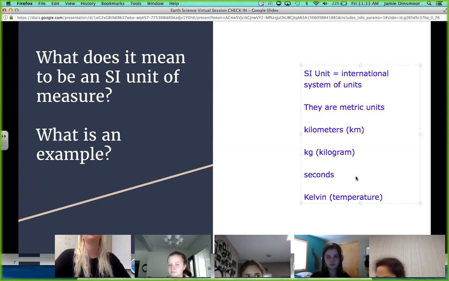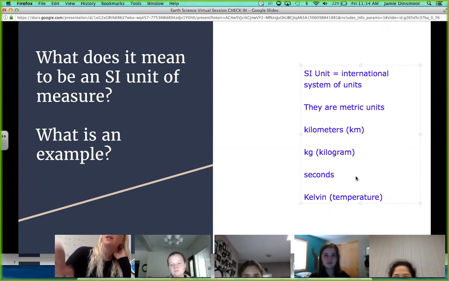If I'm going to measure how long you're sleeping, am I going to use seconds? No, right? That's a lot of seconds, unless you sleep for like 10 minutes, right? That might be reasonable. But if you're sleeping for hours, I would measure the time that you slept in hours. I could always convert it to seconds if I wanted to, right? So really, the SI units are a really good reference point for what the standard is.